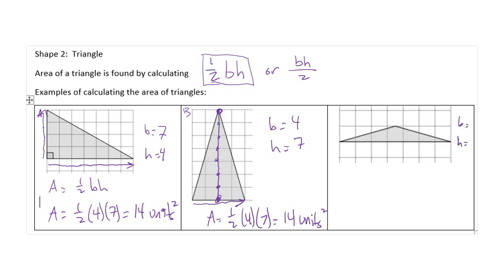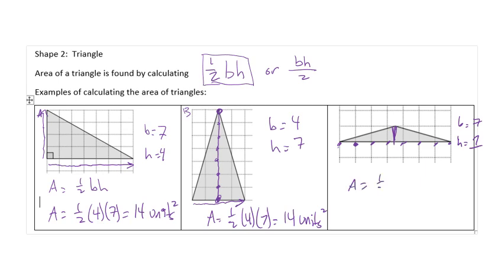And finally, this last one here on the right, my base, go across. There's 1, 2, 3, 4, 5, 6, 7 units across. 1 unit up.